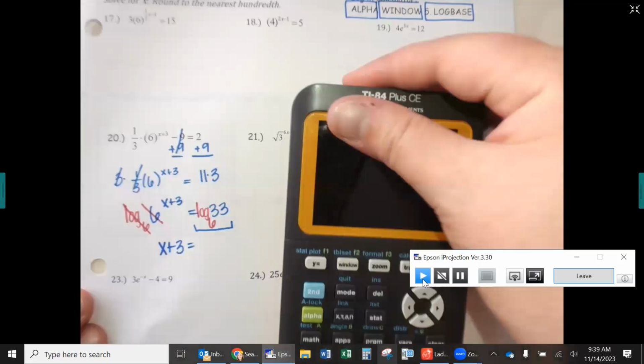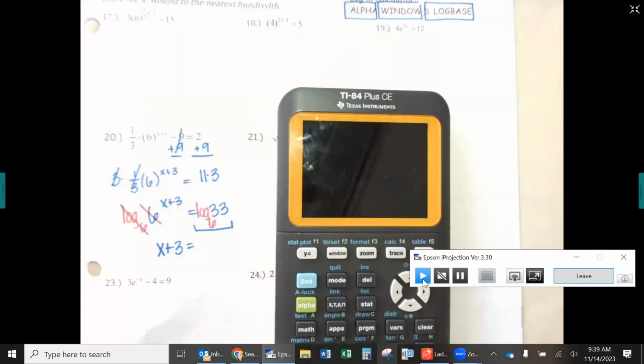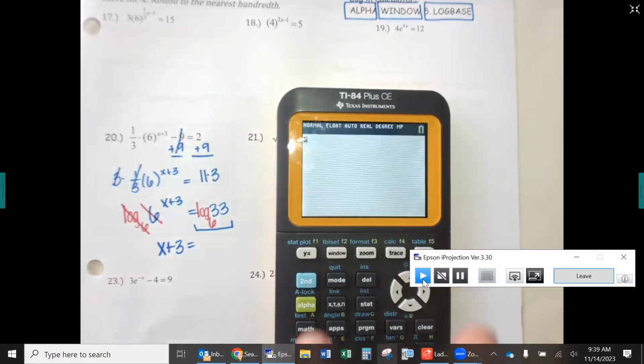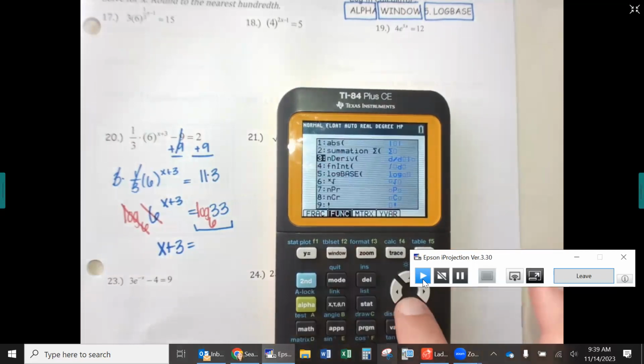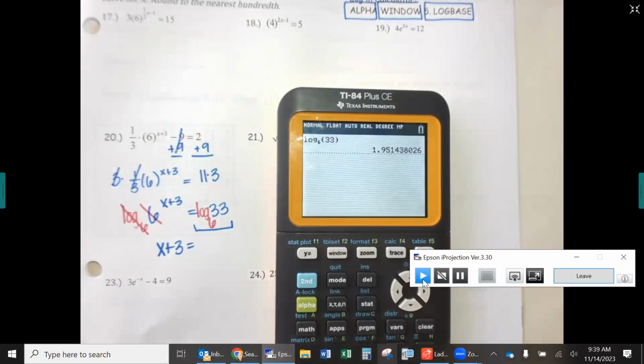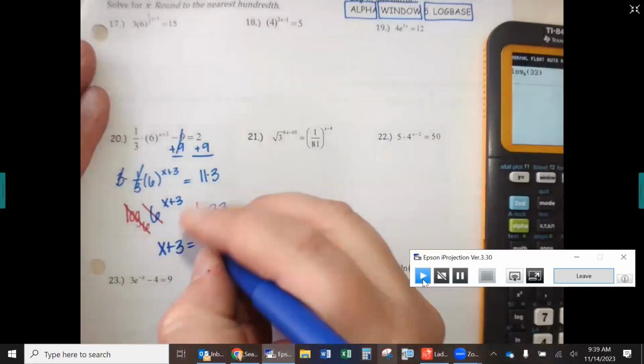And then remember, all these are pretty much gonna come out as decimals. So let me show you on here. Alpha window, option 5 is log base, little 6, big 33 in the other box. Comes out to 1.95. You're gonna go to 2 decimals for your test. 1.95. From there, what's my next step?